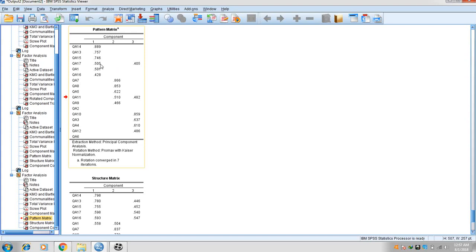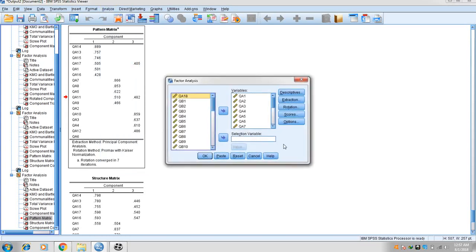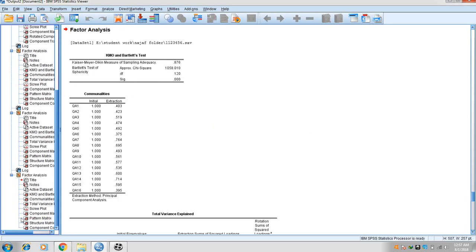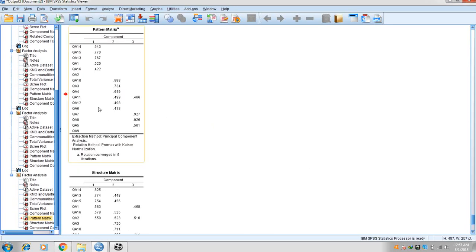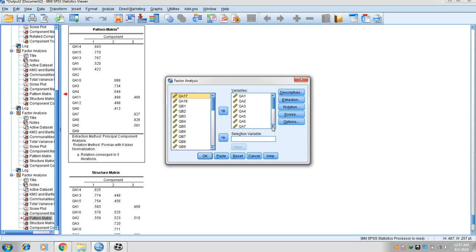This is 0.510, 0.482, 0.405 and 0.505. This is less, so we have to delete question number 17. Dimension Reduction, Factor, question number 17 and click OK. Again you have to check the pattern matrix. There is one item found problematic, 11, so we have to delete this 11.